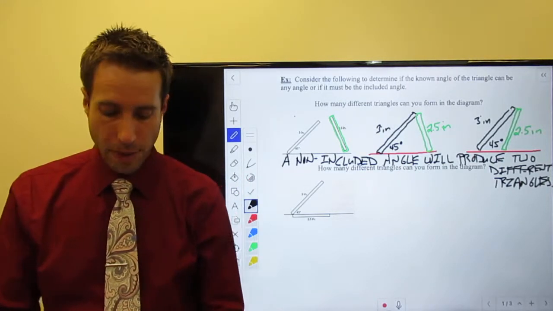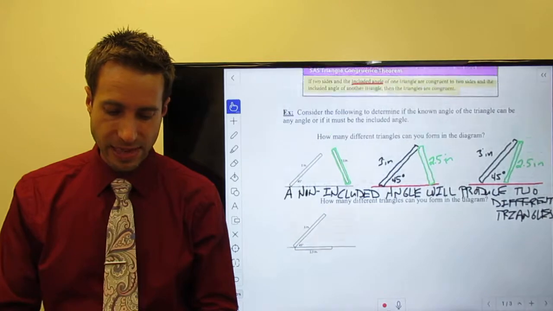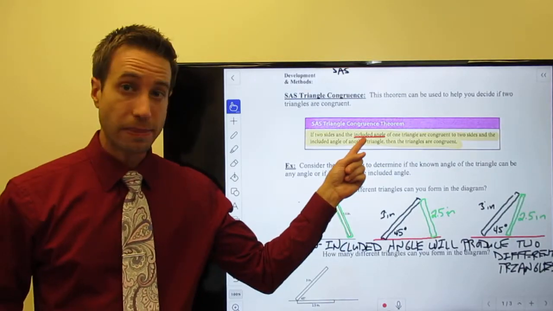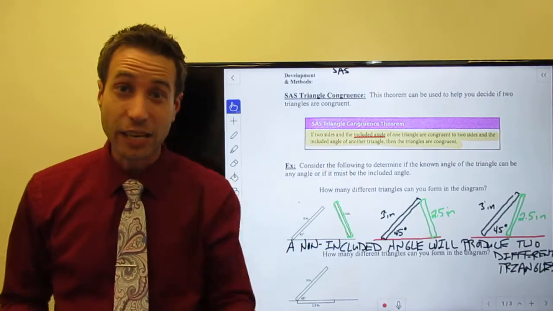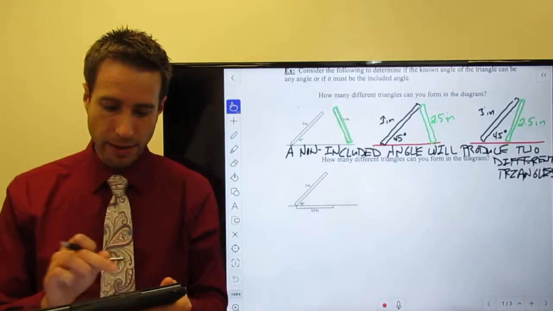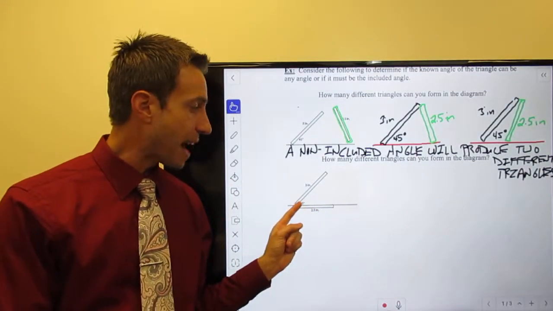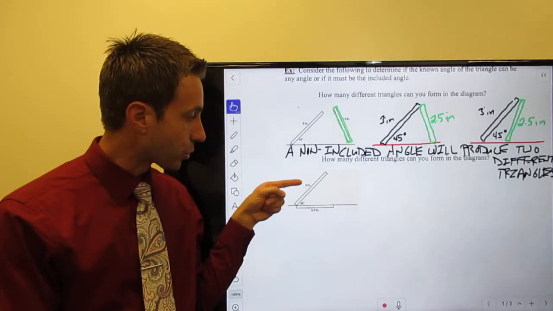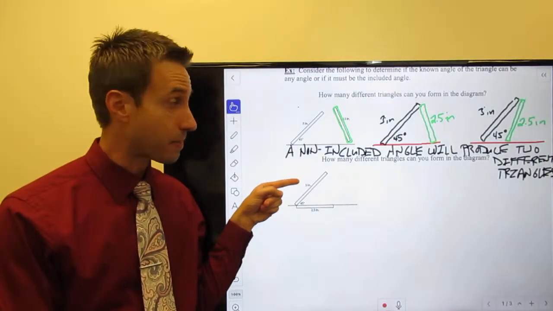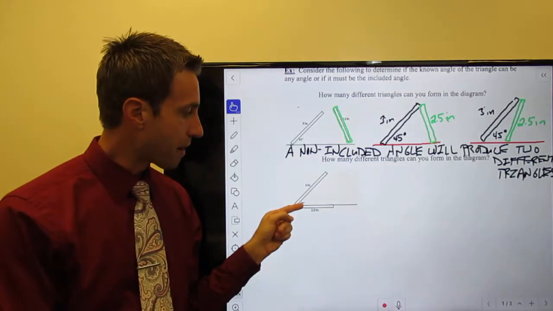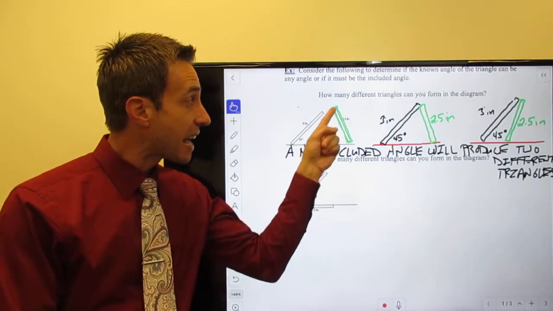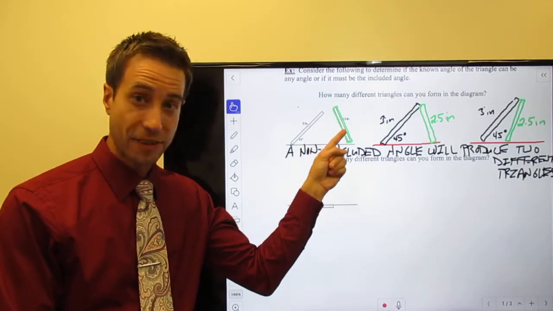But now let's talk about what the theorem says. The theorem says it must be an included angle. Here's the reason why. Look at this guy. If 45 degrees is the included angle, so right there, there's my 3 inches, my 45-degree angle, and then that other side that's 2.5 inches.